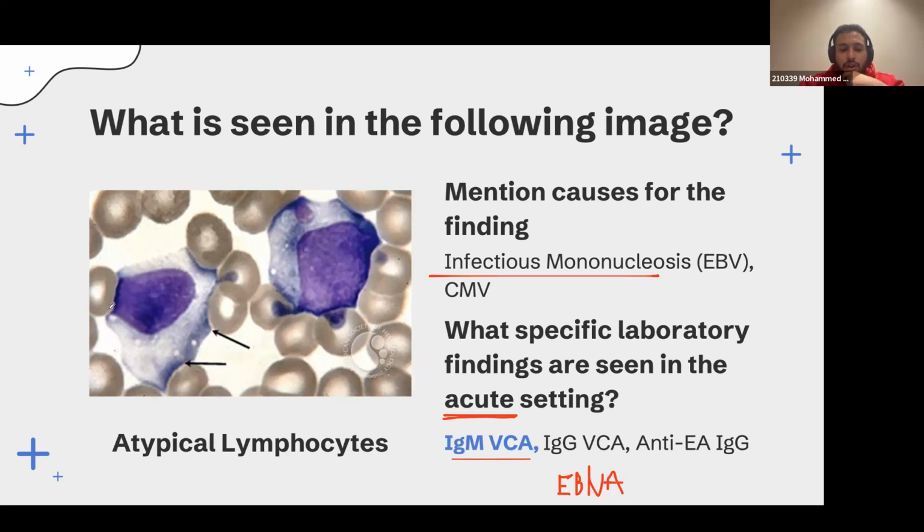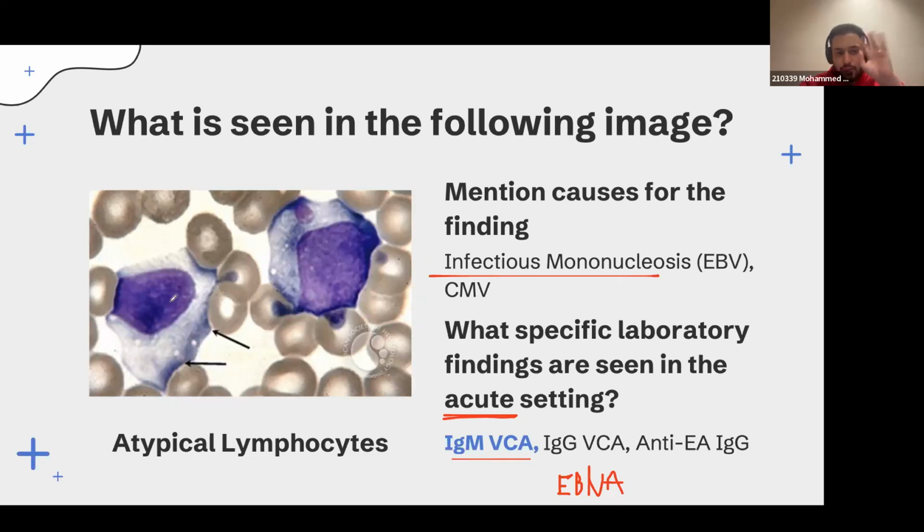Now, what type of cells are these atypical lymphocytes anyways? No, they're not B cells. CD8 cytotoxic T cells. Good. So these are CD8 cytotoxic T cells. Just remember that.